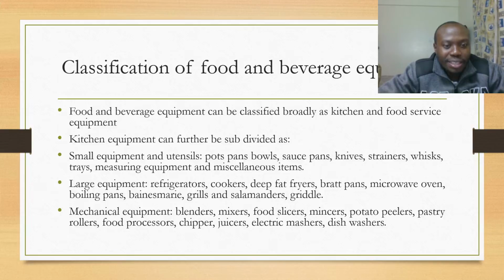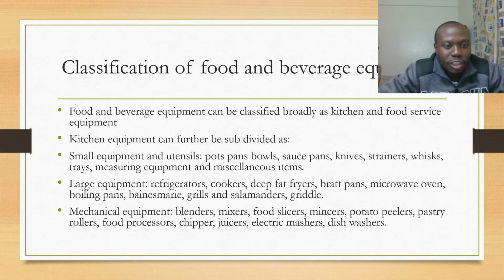Small equipment and utensils, which include but are not limited to pots, pans, bowls, saucepans, knives, strainers, whisks, trays, measuring equipment, and miscellaneous items.